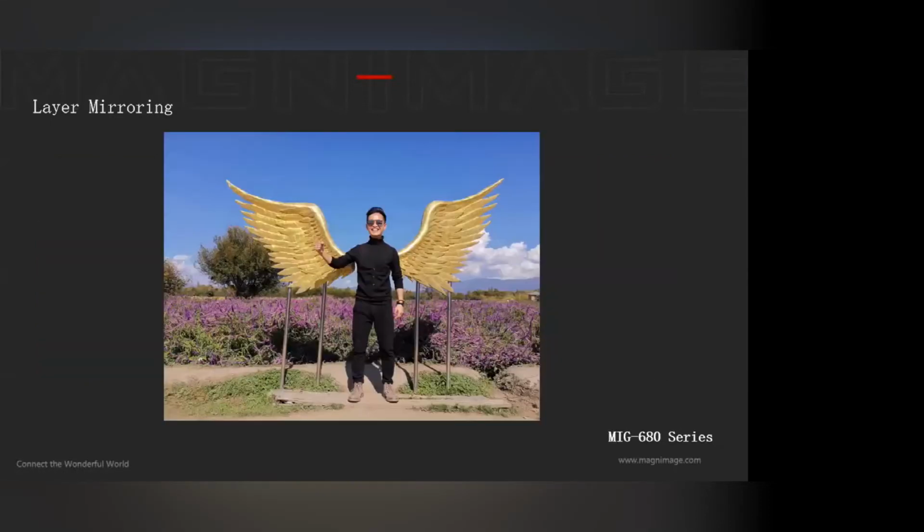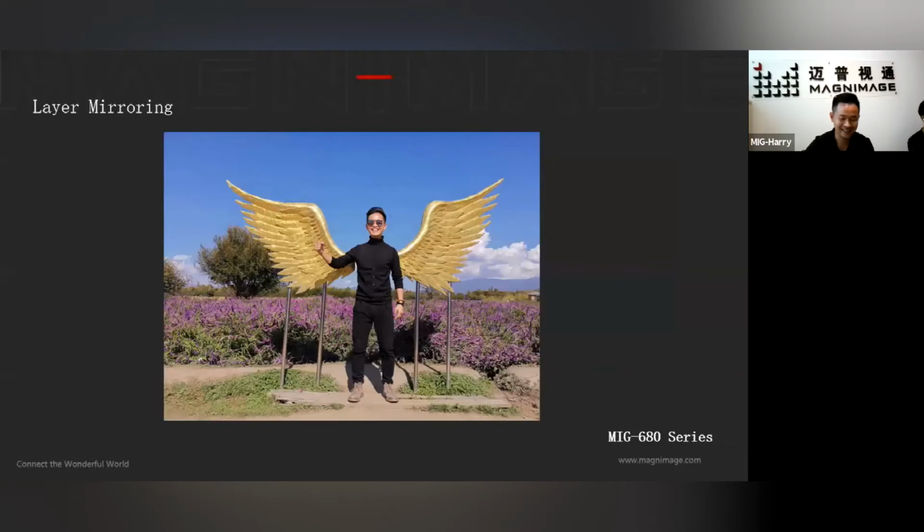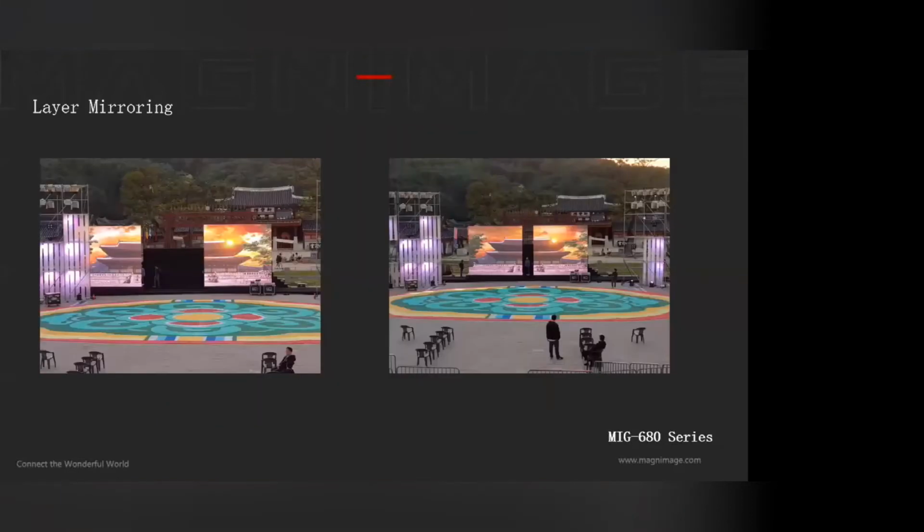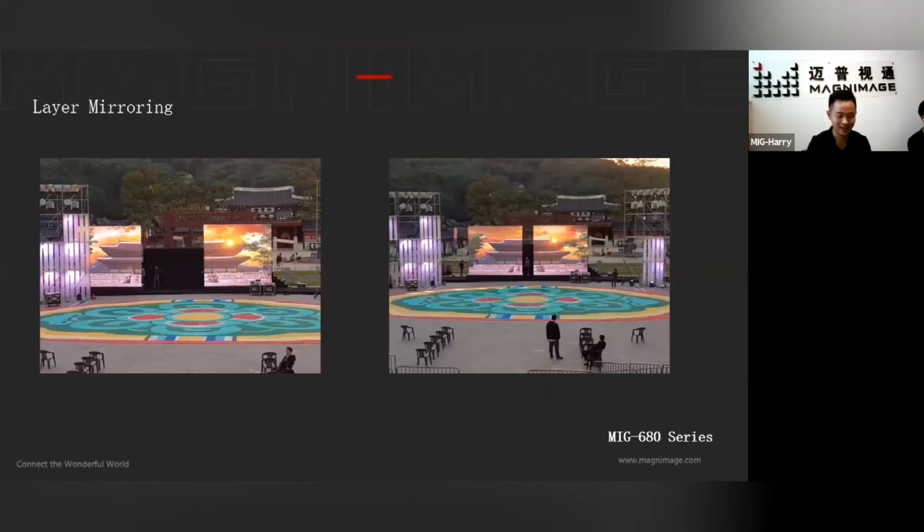This is me, it is just an example. One person comes out of the screen, and then the wings just wave. This is a real project we have done, but I don't have the video. I'm sorry. But let's just imagine.